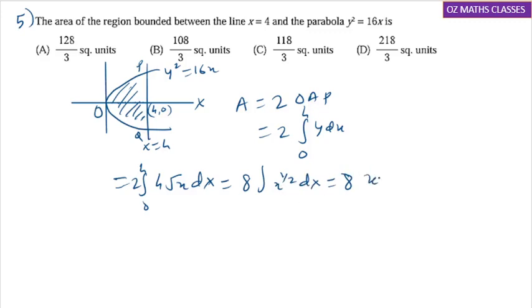The integration of x power 1 by 2 will be x power 3 by 2 upon 3 by 2, and the limit is 0 to 4.